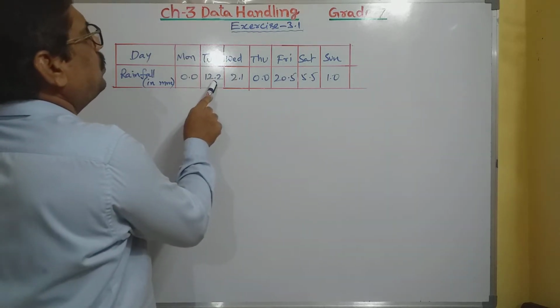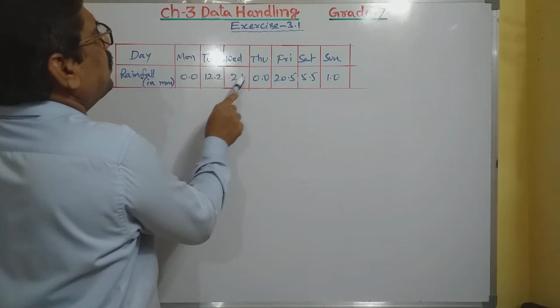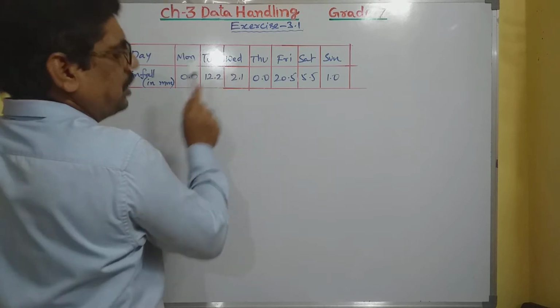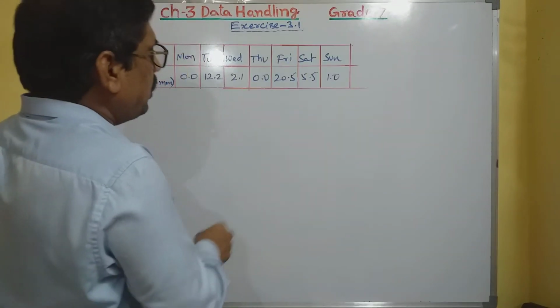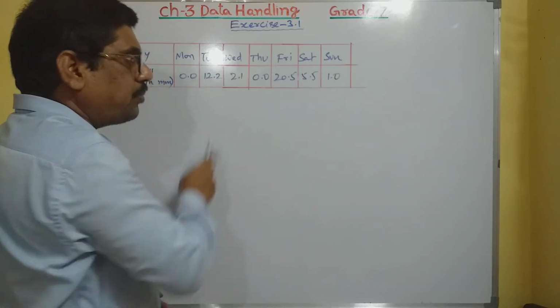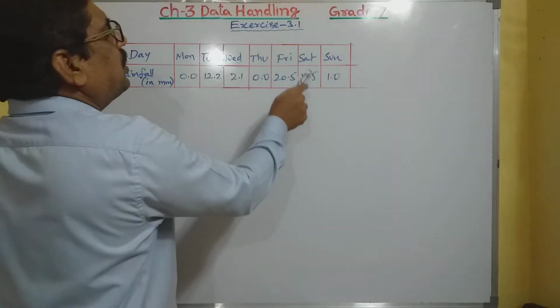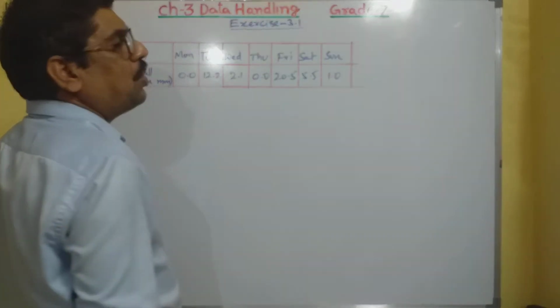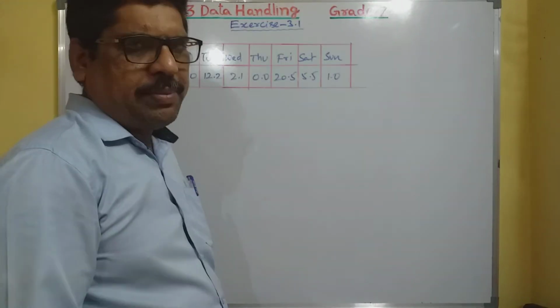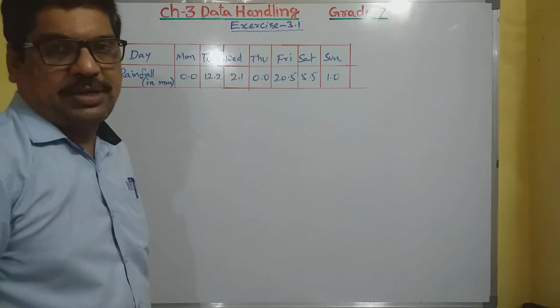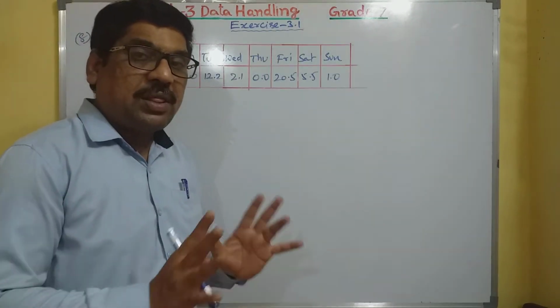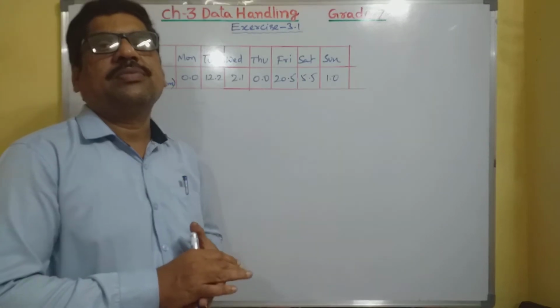Tuesday 12.2, Wednesday 2.1, Thursday 0.0. Here also there is no rain. Friday 20.5. So the heavy rain is on Friday, observe. And Saturday 5.5, Sunday 1.0. That means 1 millimeter. So these values are in millimeters. Generally, we measure the rainfall in millimeters.